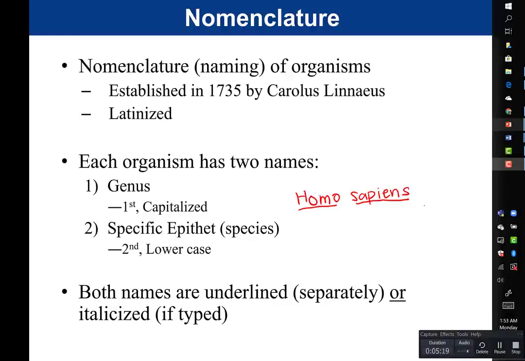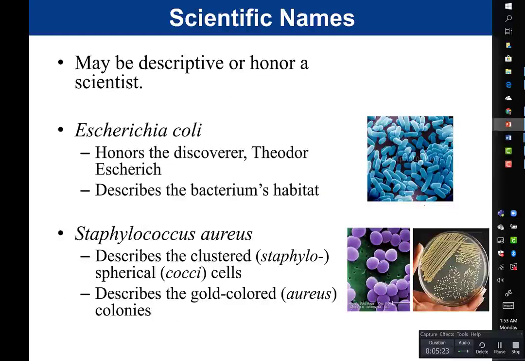I underline individually. So if we look at the way that organisms are named, they may be descriptive, meaning they may tell you something about the organism themselves, or they may have a name that honors the scientist who discovered it. So, for example, Escherichia coli honors the discoverer, Theodore Escherich. So that's the Escherichia. Coli is used to describe the bacterium's habitat.